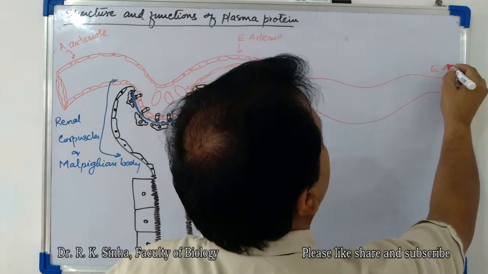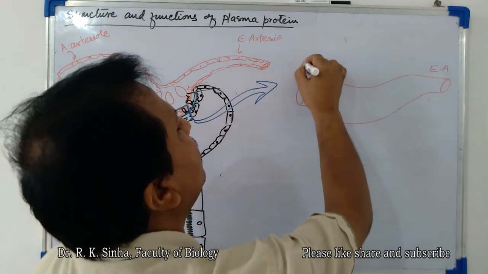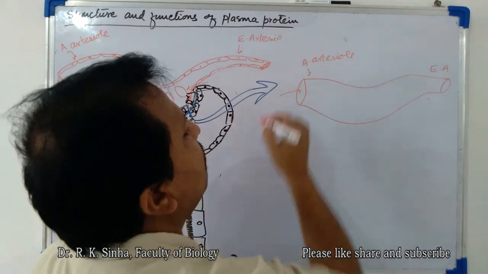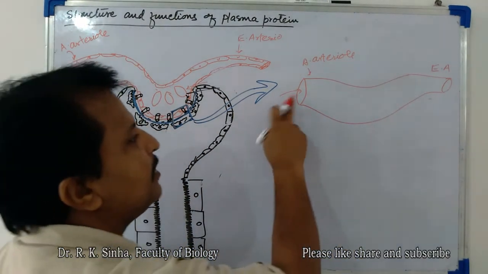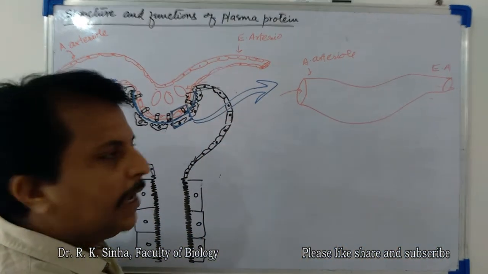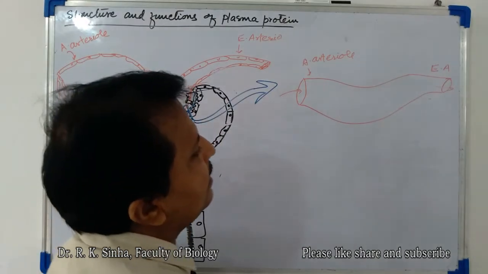This is the efferent arteriole and this is the afferent arteriole. The blood comes in from this side and goes out from this side. Now what structure will be in this region?